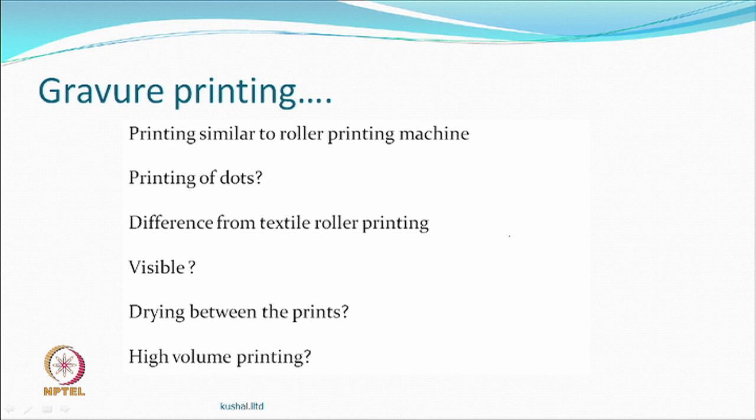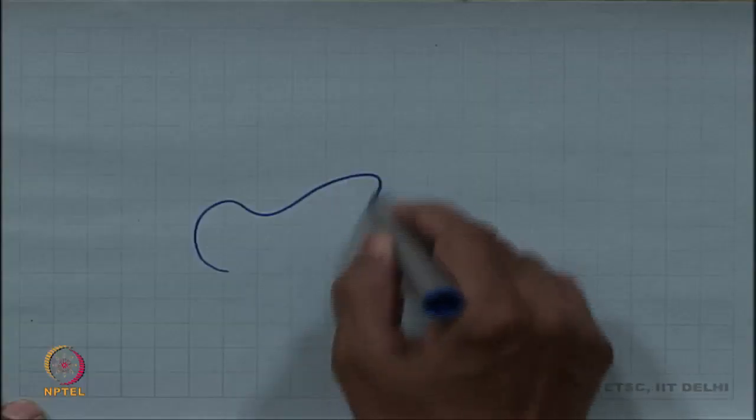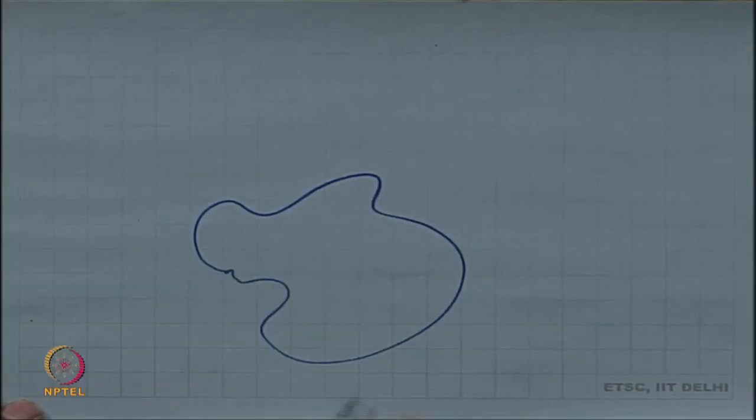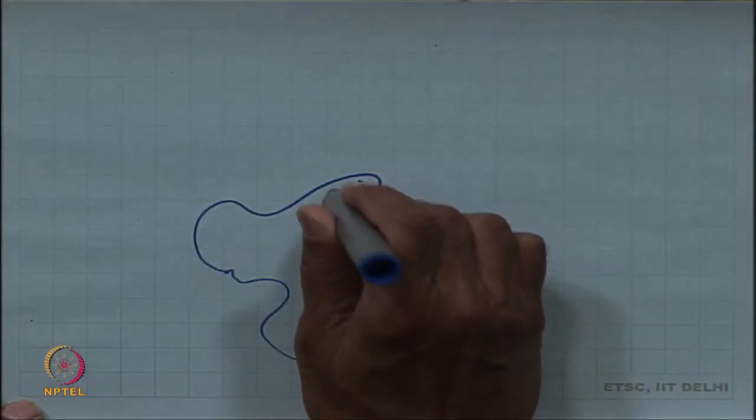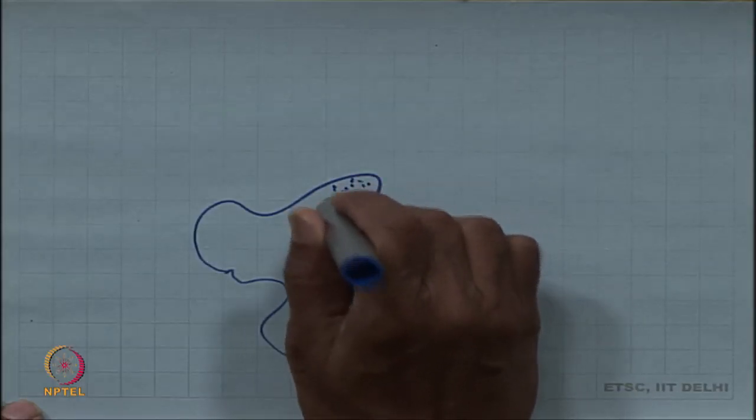The difference is here. It prints dots. When you talk about the design, it is engraved as a dot. For example, if you have this type of design, here you actually have dots.